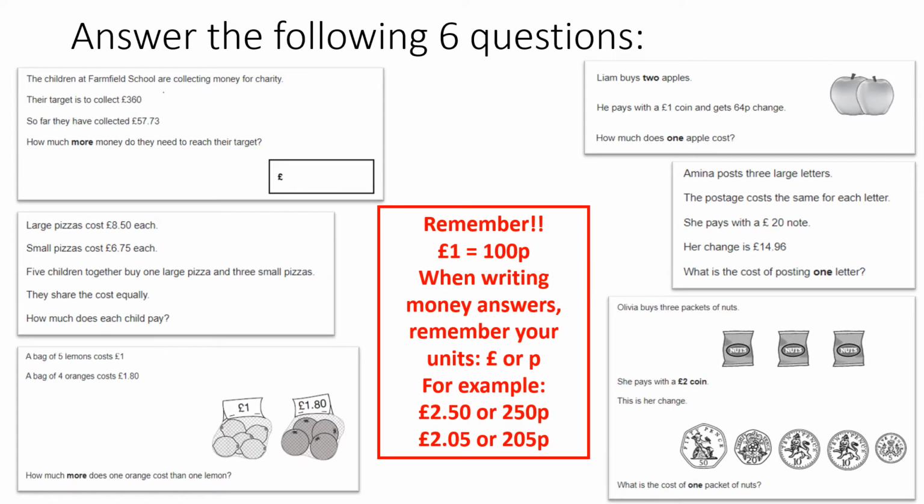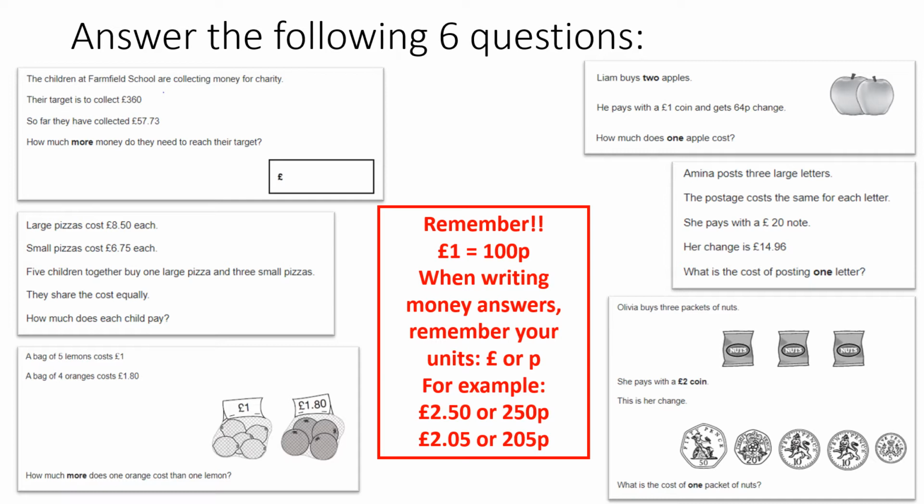So, as ever, pause the video and give these 6 questions a go. You might have seen one or two of them before in your lessons, but it's always good to give them another go. Just remember in that middle box, there's a couple of pointers. Remembering how many pence are in a pound, 100 pence in £1.